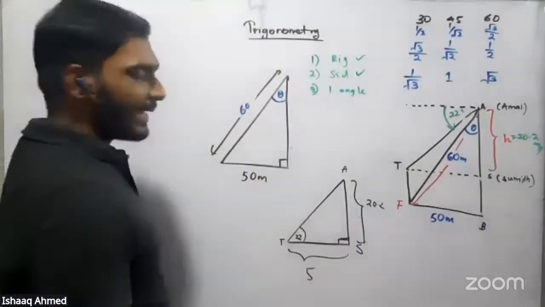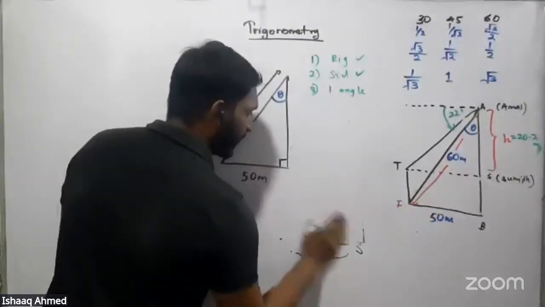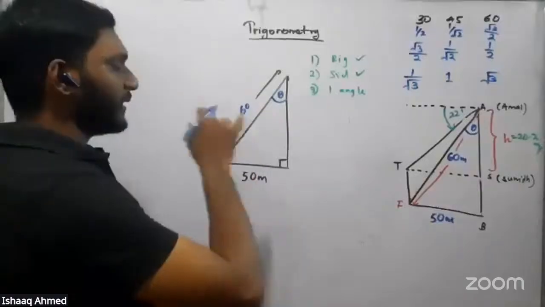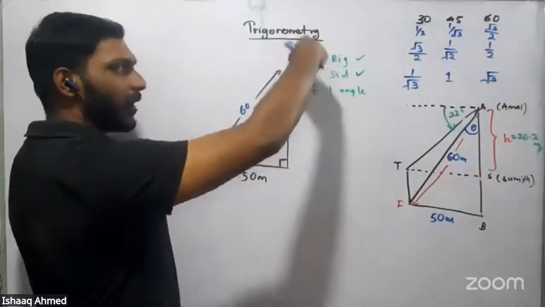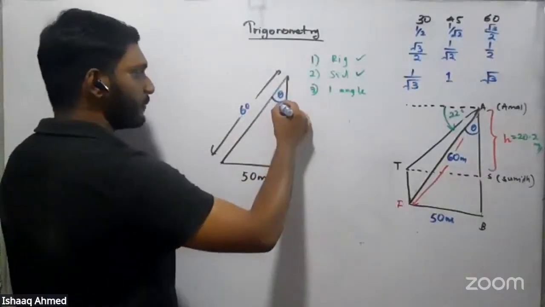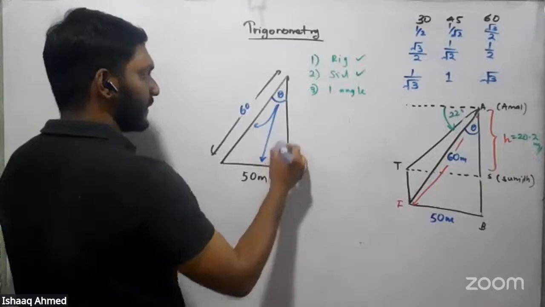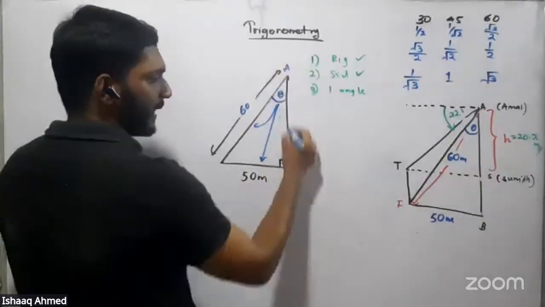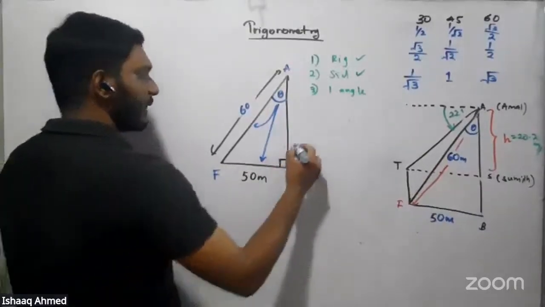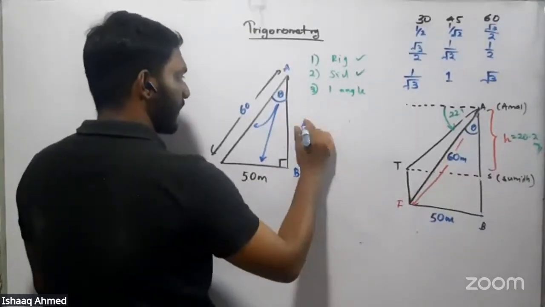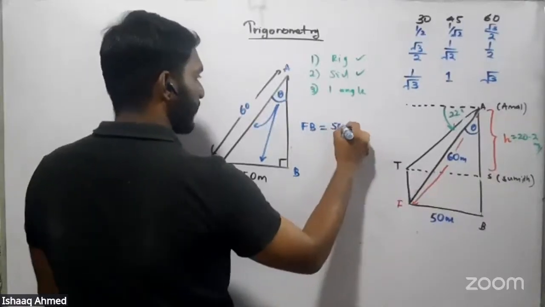This only they are asking. I have taken the angle as theta. How to find that? Then we don't even need to take the previous triangle. Using this triangle itself, we can take this angle theta. Now you have to look from theta. What are the sides that are given? 50 and 60. If I name it A, B, F, so FB is 50.